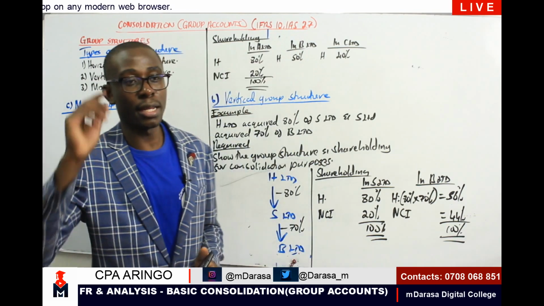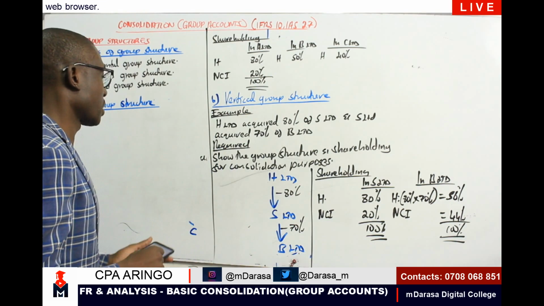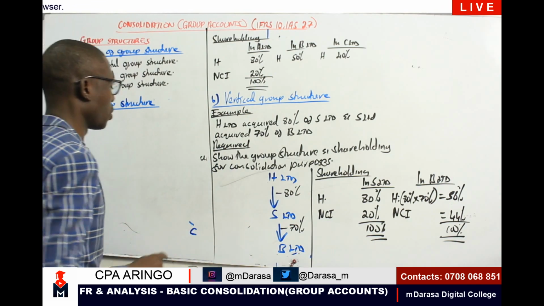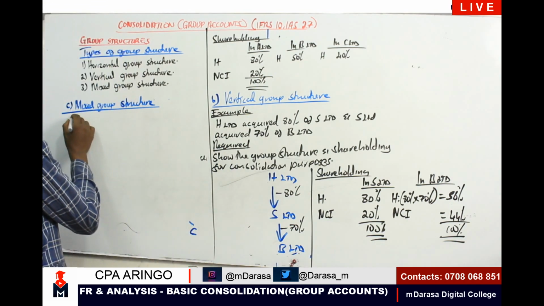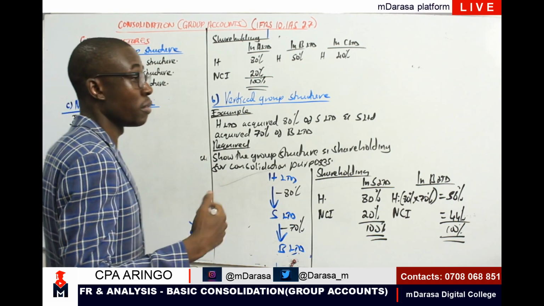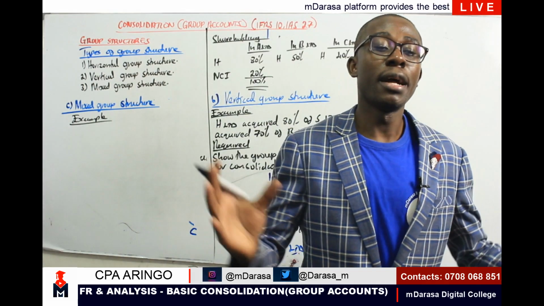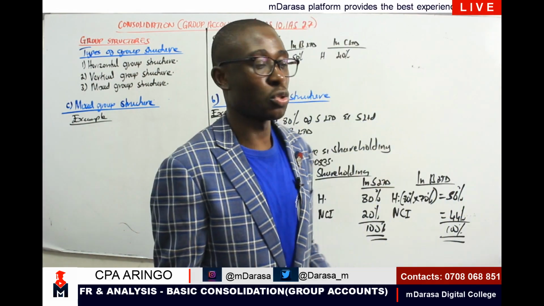I repeat this statement again: it exists where both the parent and the subsidiary company control the subsidiary directly. So in this context, take an example so that you can cement this knowledge. At this point you're looking at a situation whereby both the parent and subsidiary are controlling another subsidiary company directly. Basically, that is what you're talking about.